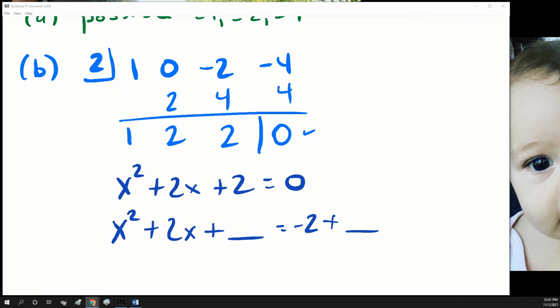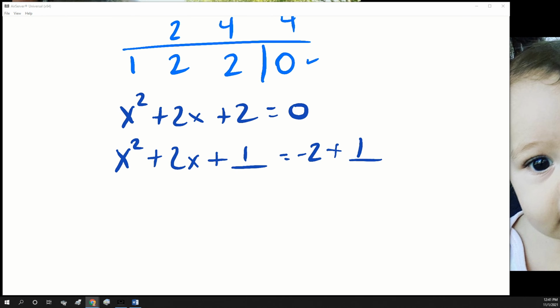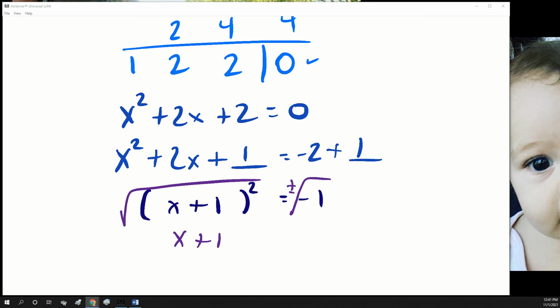So if you're going to complete the square, you move over the 2. And what do we need to add? 1. Okay, so it is the square root of -1.